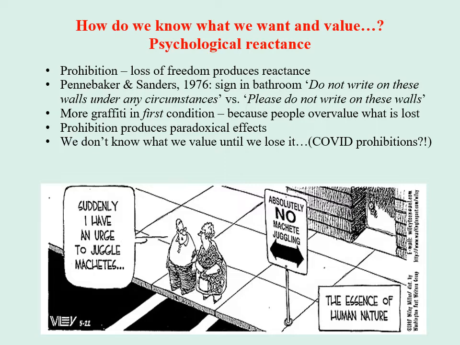Too much pressure or prohibition or prevention tends to produce paradoxical effects of overvaluing something that we may not have valued much before. Again, the point is that we often don't know what is important to us until it is endangered.